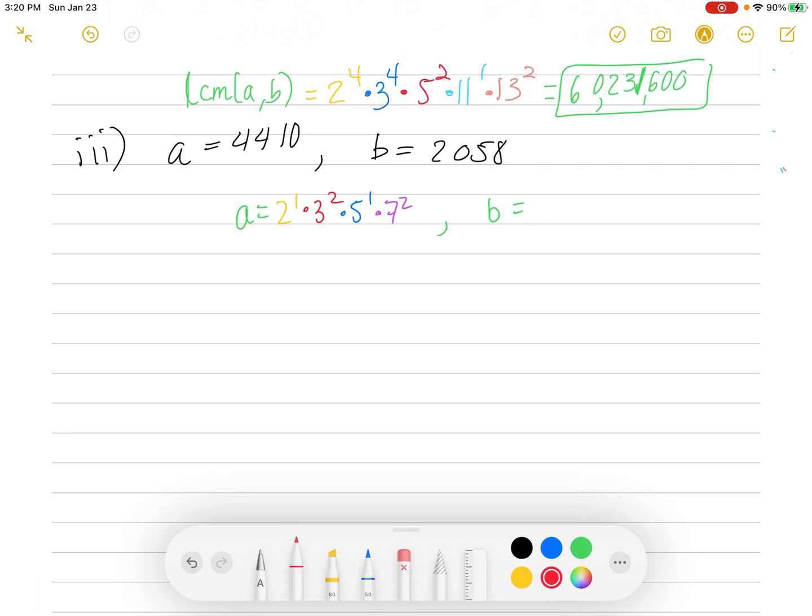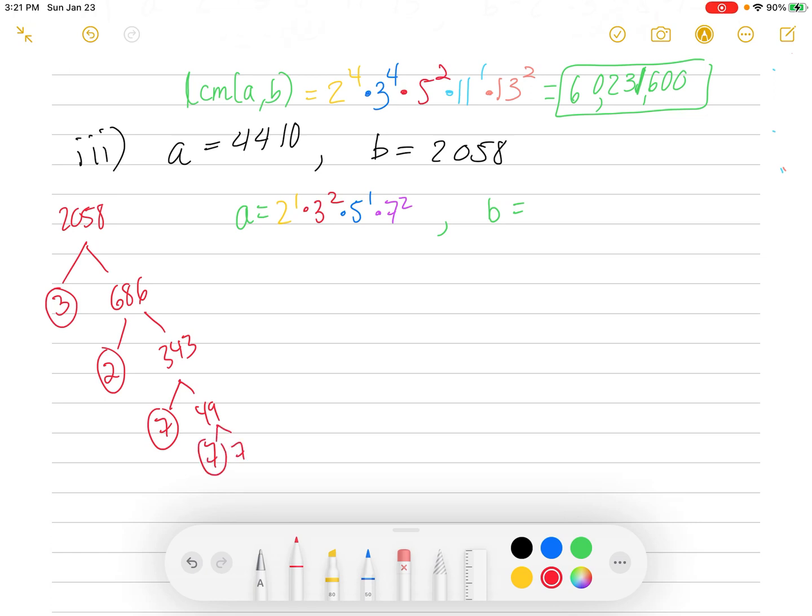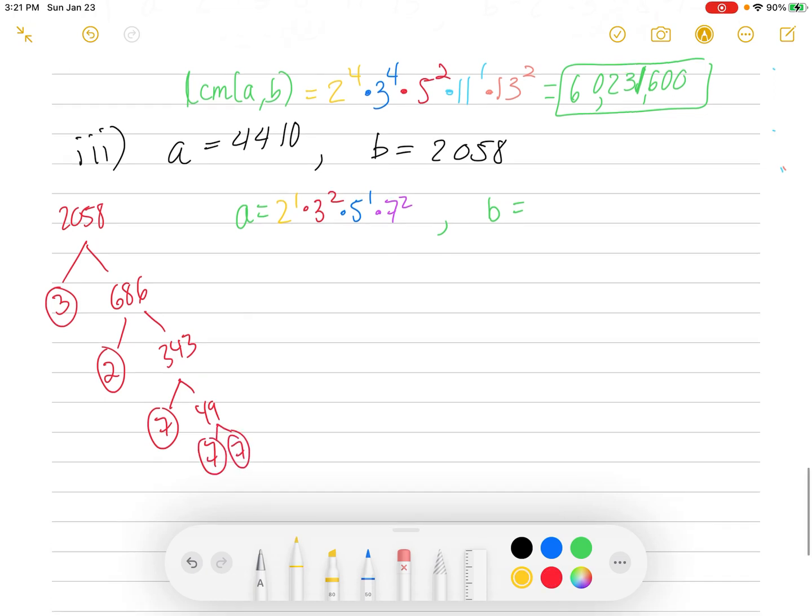There it goes. 2058 is factorable by 3. 2058 divided by 3 is 686. 686 is divisible by not 3, but 2. You divide that by 2, you get 343, and we know 343 is 7 times 49. 49 breaks up into 7 times 7.